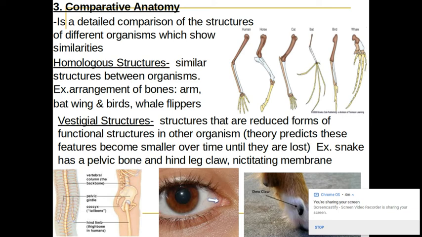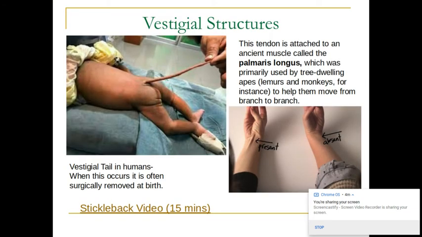The tail, everybody always likes the tail pictures. Obviously, this is not that common. If someone is born with it, they often surgically remove it right at birth, especially in this country. In some places in the world, like third world countries where they don't have the medical care, you'll see pictures of people older still with them.